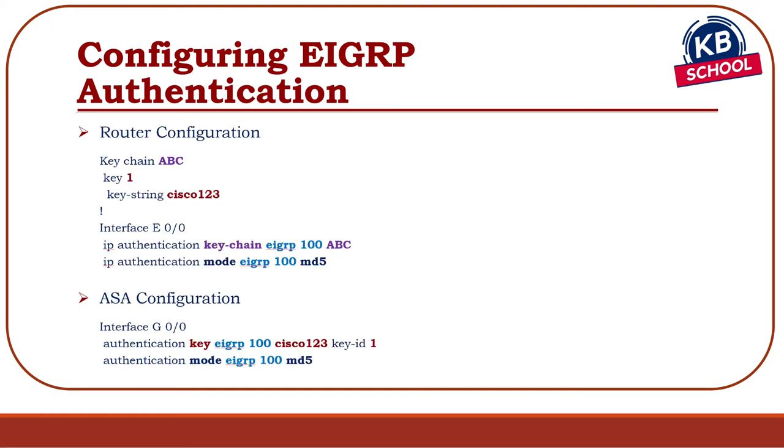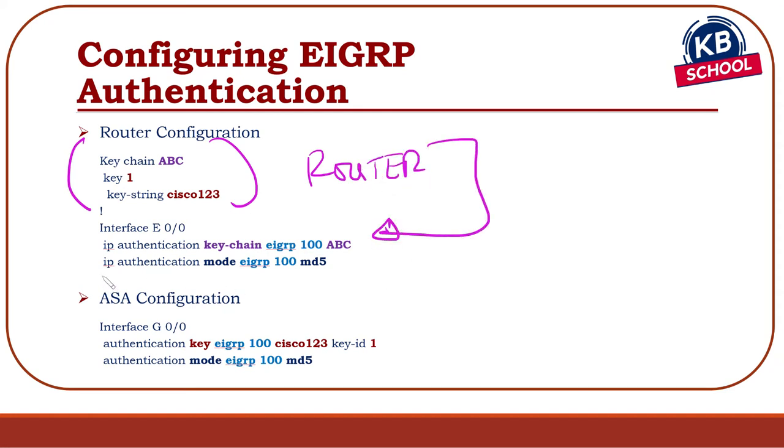Just like RIP, I have the keychain concept on the router, applying of the keychain to the interface, setting the mode. IP authentication mode for EIGRP 100 is MD5. For the ASA, authentication key for EIGRP 100 is Cisco 123.